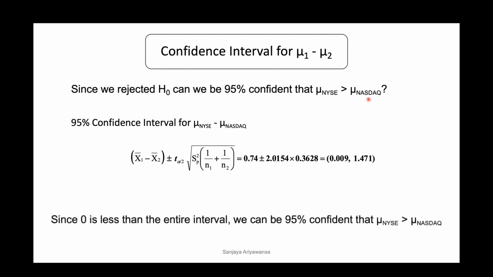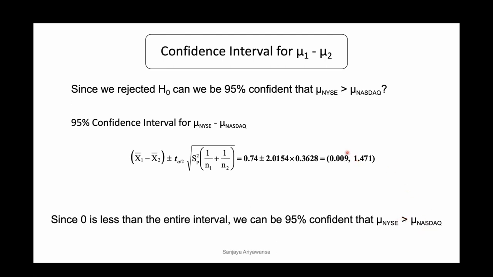When I calculate that, since 0 is less than this entire interval, this entire interval is greater than 0. You can say that we can be 95% confident that mu NYSE is greater than mu NASDAQ.